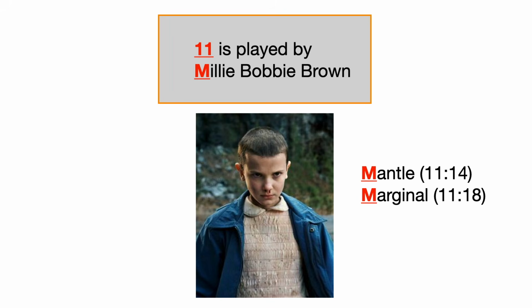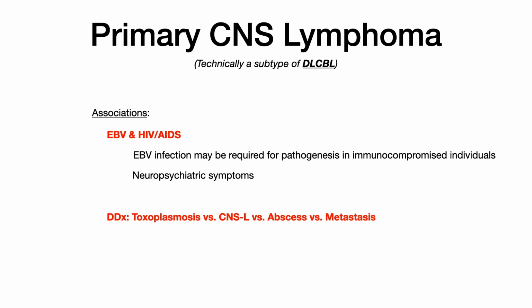Now let's talk about primary CNS lymphoma. And I want to point out that depending on the textbook that you read or the lecturer that teaches you at your school, this technically is a subtype of diffuse large B-cell lymphoma, but it kind of gets carved out because it's its own thing.